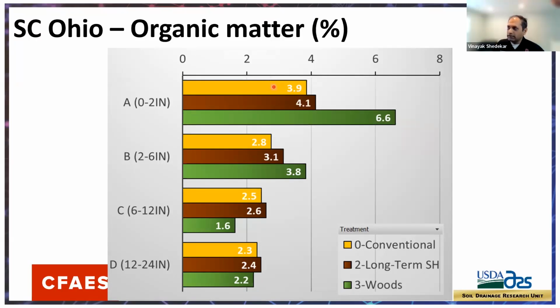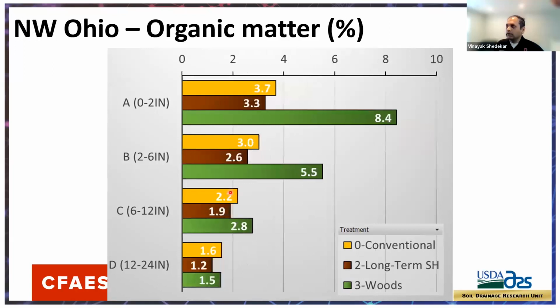The interesting thing is we did not expect that other field to have such a high organic matter as well. The other pair in Northwest Ohio had actually the opposite trend, and we were scratching our heads trying to figure this out.